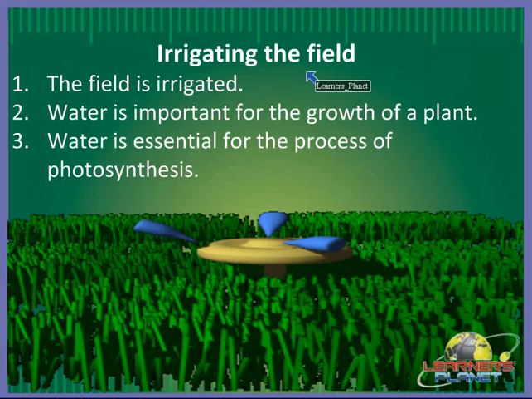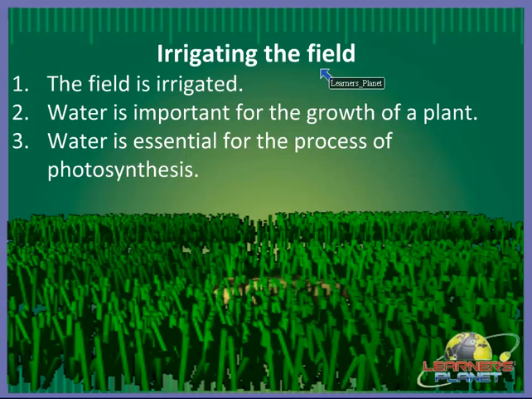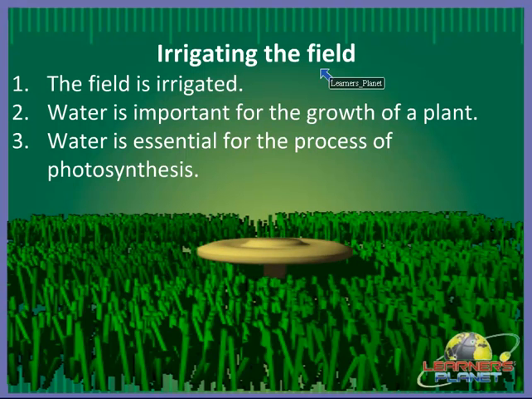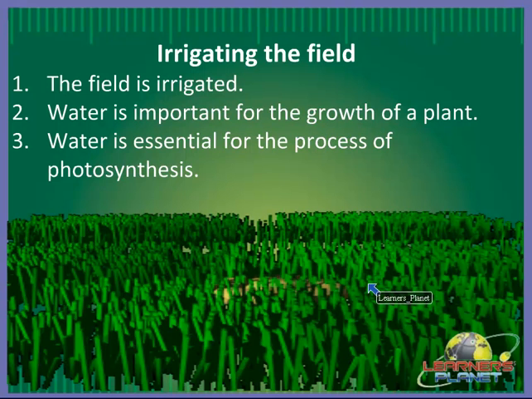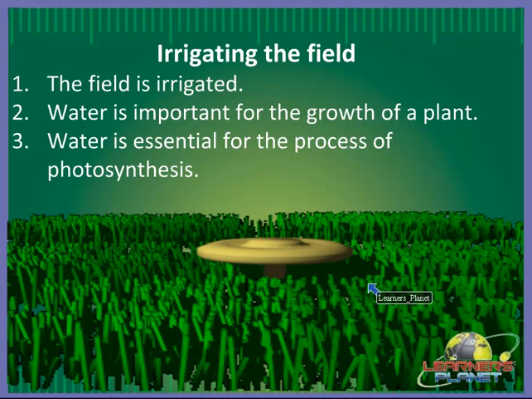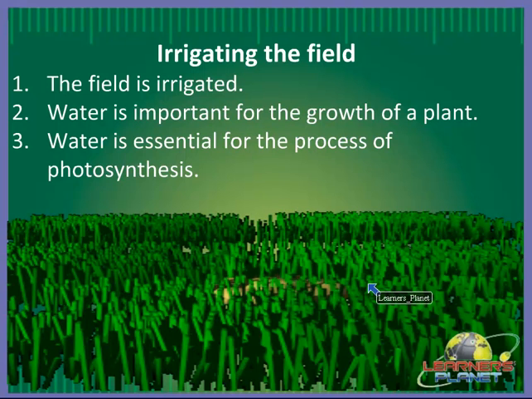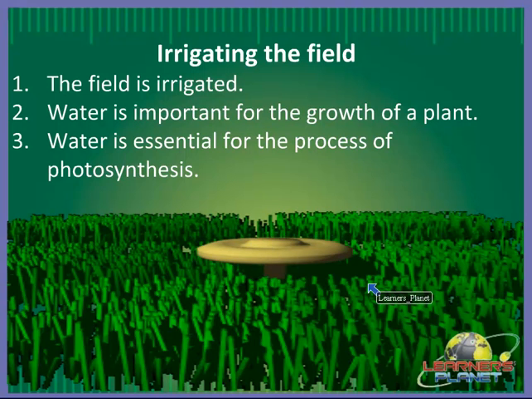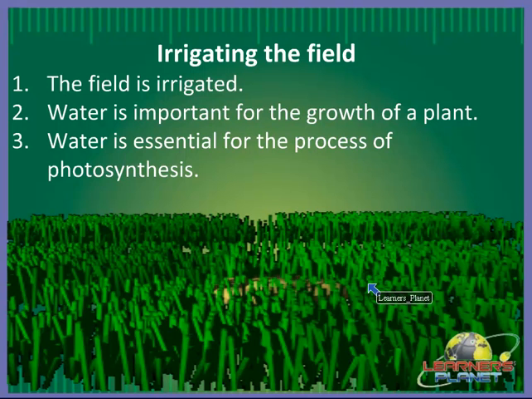The next step is irrigating the field. Yes children, the field is first irrigated, right? As you can see here in this picture, this process is actually called irrigation. What happens in irrigation? The field is irrigated, as water is very important for the growth of a plant.